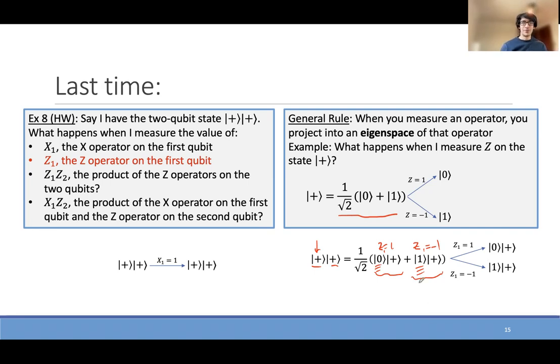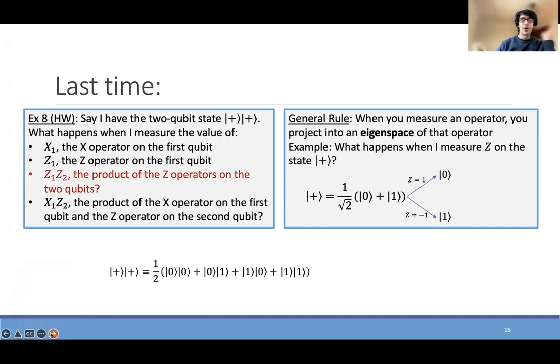Questions about this? Because I'm about to ask you about Z1 times Z2. What happens if you measure Z1 times Z2?